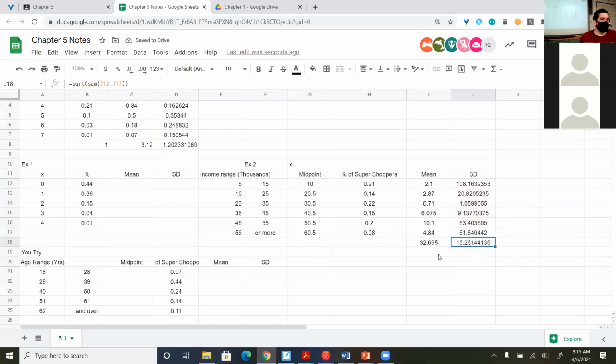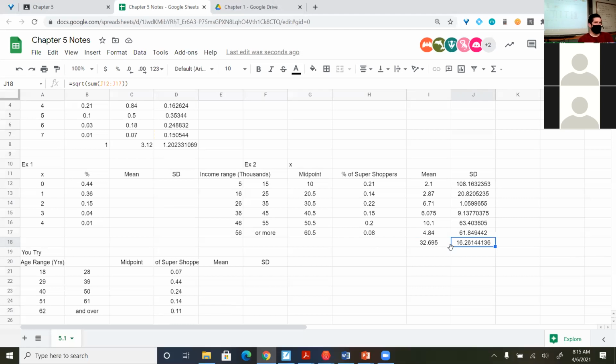So this standard deviation is pretty high. They're saying that you should expect a super shopper to have an annual income of around 33,000, give or take 16,000. So within one standard deviation, you're having a huge spread of information, because you're going as low as 16,000 and as high as about 48, 49,000.